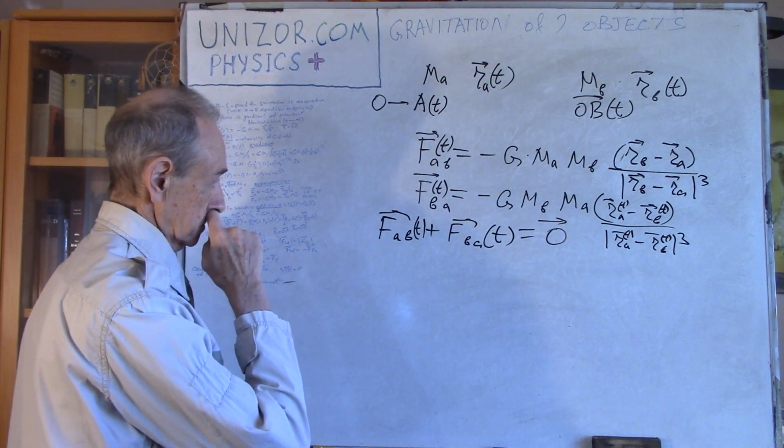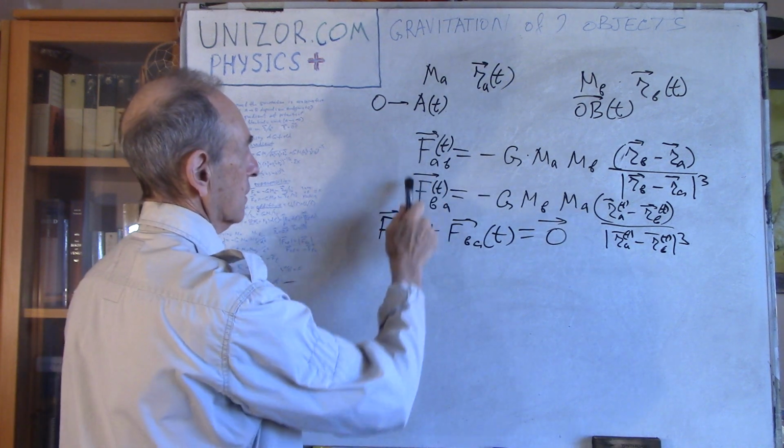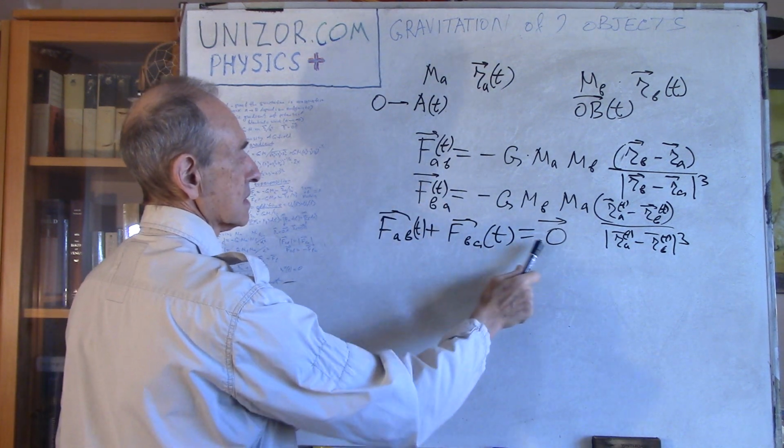Now, these are two vectors and their sum is equal to 0, right?